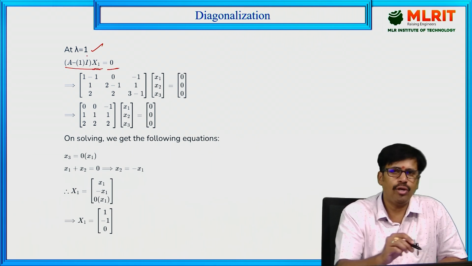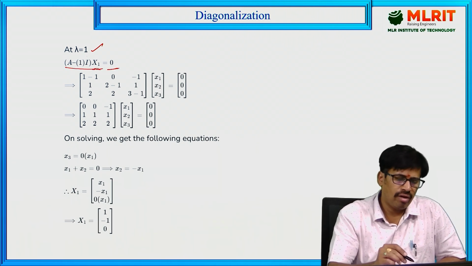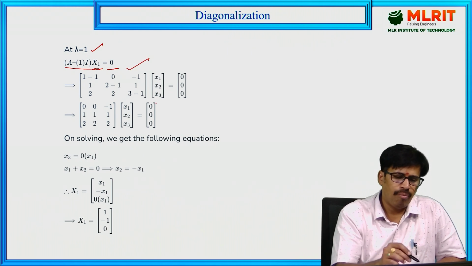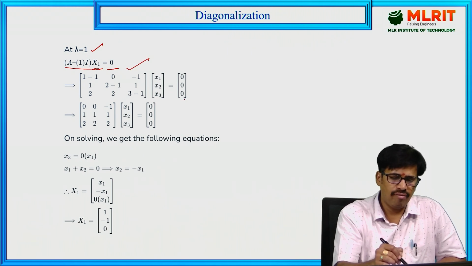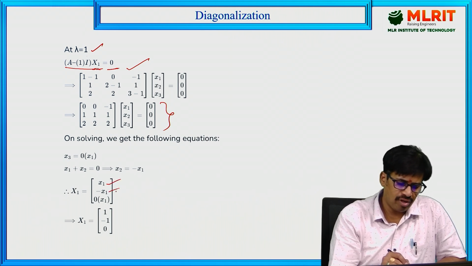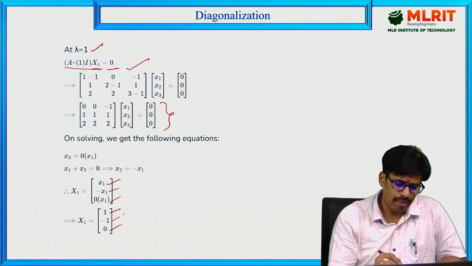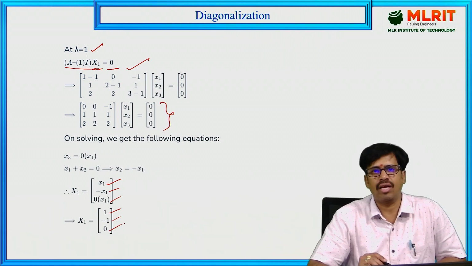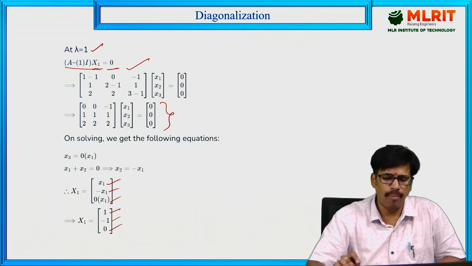In that, substitute lambda equal to 1, so that we get this matrix. Multiply this with x1, x2, x3 and equate to zeros. On solving this, we get 3 equations. By solving this, we get x1, x2, x3 values in terms of this. So 1, minus 1, 0 is the eigenvector corresponding to lambda equal to 1.